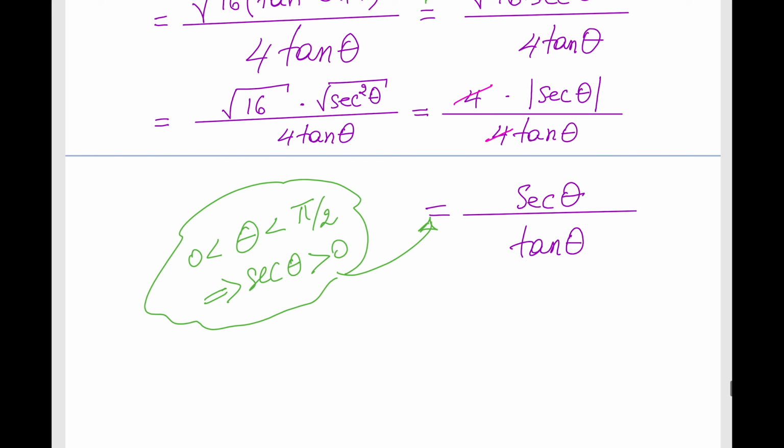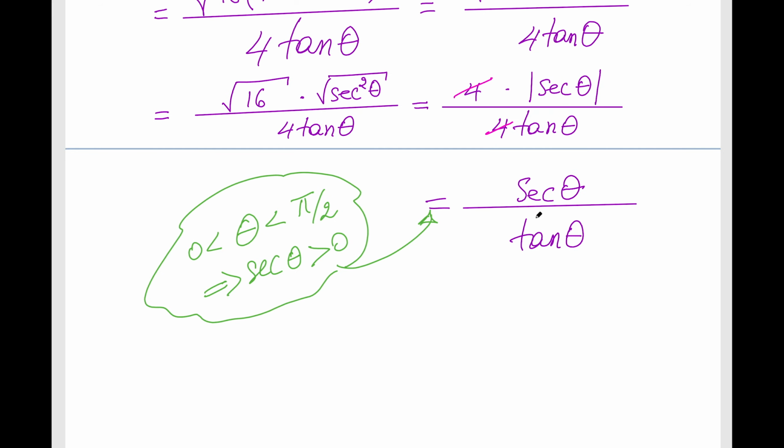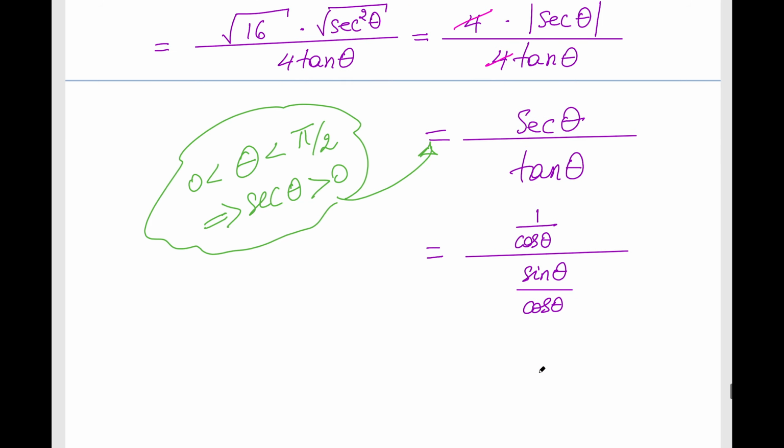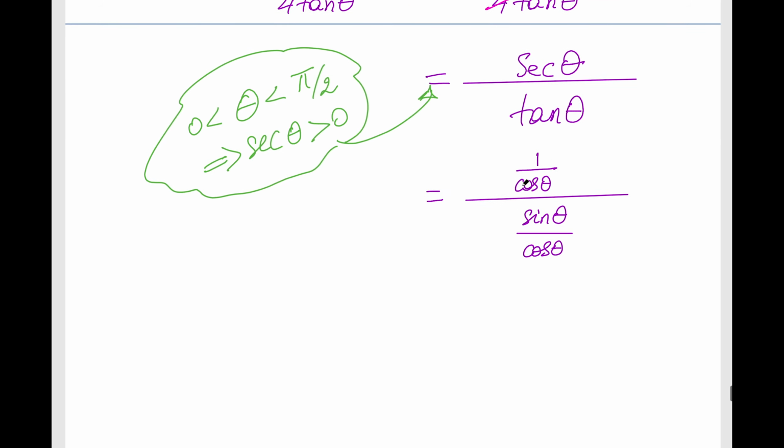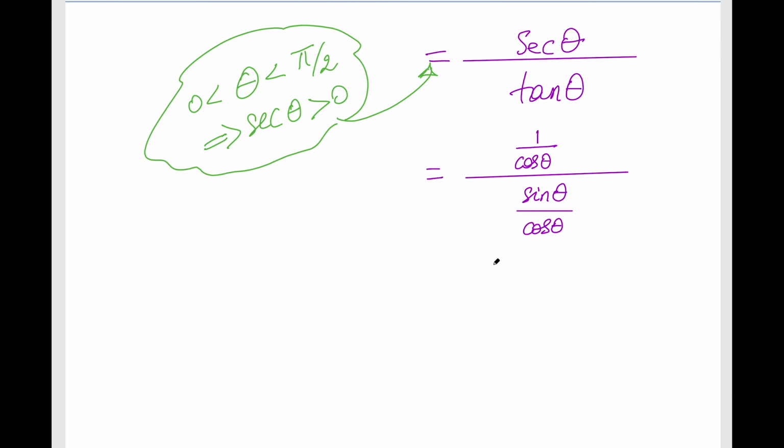Okay. We can still do some simplifications here. Tangent is sine over cosine, and secant is 1 over cosine, right? Agree with me? Okay. I'm playing the same game that we did before. We've done it probably 2 to 3 times. Let's do it one more time.